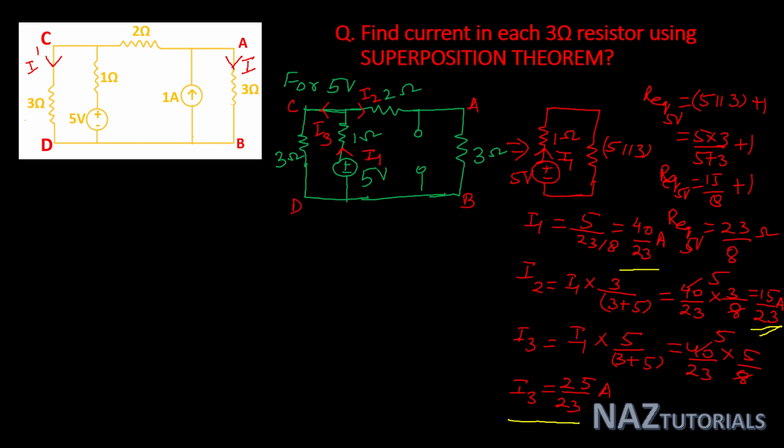Now let's see the response for 1 ampere current source. So for 1 ampere current source, our circuit will be like this. Voltage source becomes short circuit.